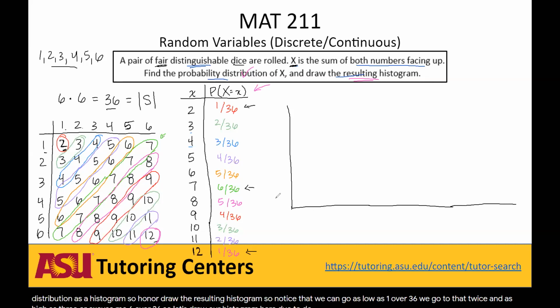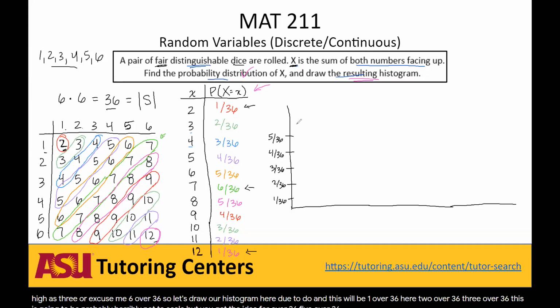And this will be 1 over 36 here, 2 over 36, 3 over 36. This is going to be probably horribly not to scale, but you get the idea. 4 over 36, 5 over 36, and lastly 6 over 36.